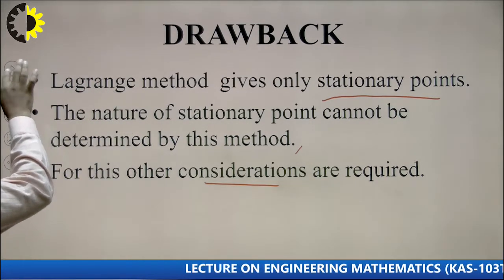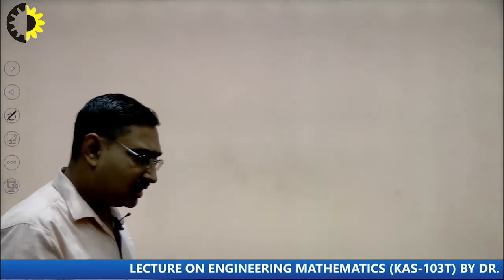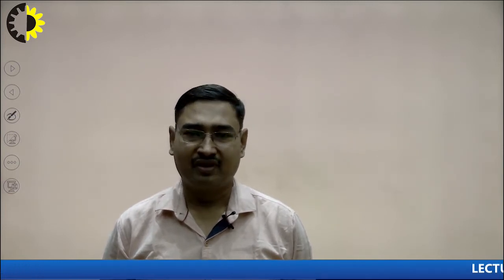Thus, what is the Lagrange method exactly? What is the procedure? A function f will be given whose extreme values are to be calculated. Along with the function, we are given some constraint which is termed as phi x, y, z equal to 0. In practical problems, the function which is to be extremized, that is maximized or minimized, will be treated as function f.